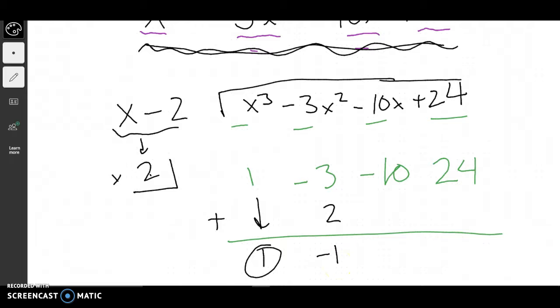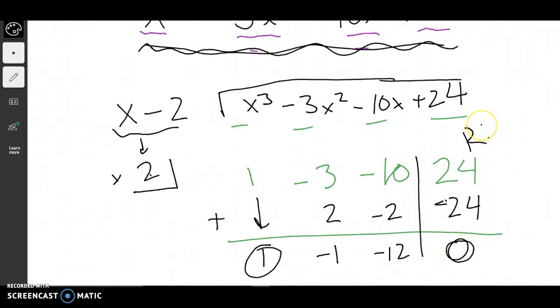Then we do the same thing again. 2 times -1 is -2, and -10 plus -2 gives me -12. Then 2 times -12 gives me -24, and 24 minus 24 gives me 0. So our remainder is 0, which makes sense because we said this thing would divide.